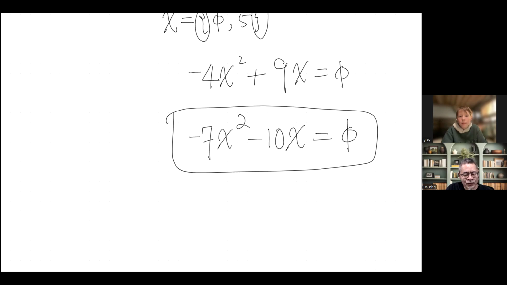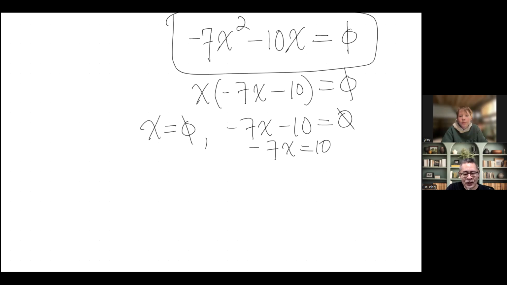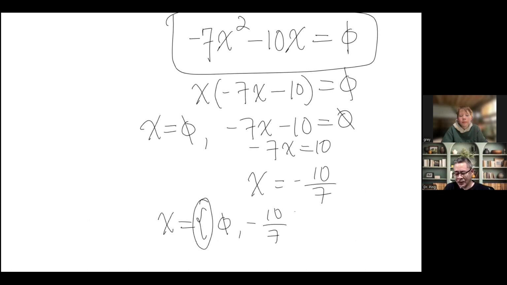So x out, negative 7x minus 10 equal to 0. So we got x equal to 0 or negative 7x minus 10 equal to 0, and negative 7x equal to 10. Then we divide by negative 7 on both sides. So x is indeed negative 10 over 7. So we write as x equal to, yeah, don't forget this, okay? 0, comma, negative 10 over 7, and end of that.